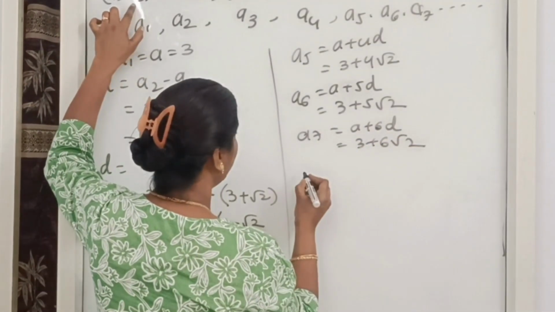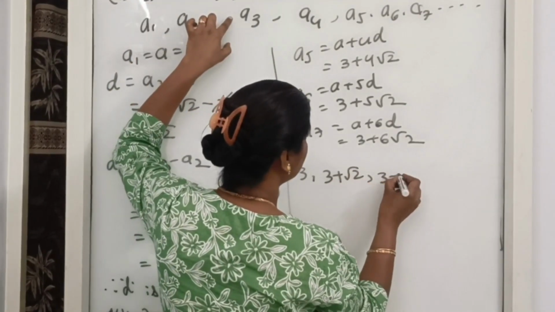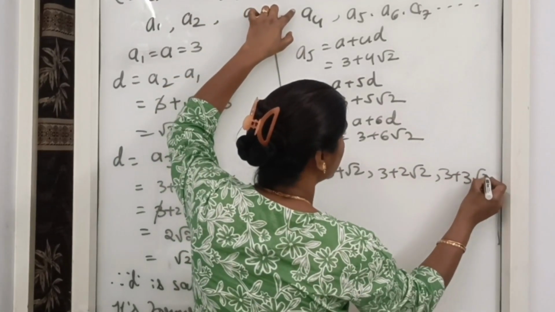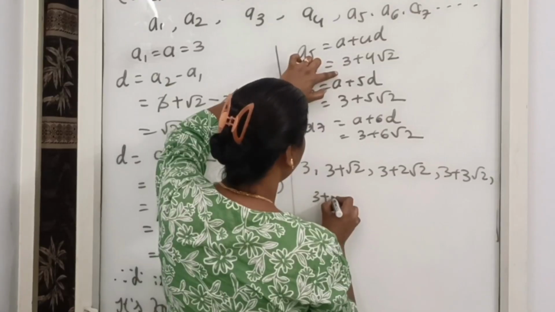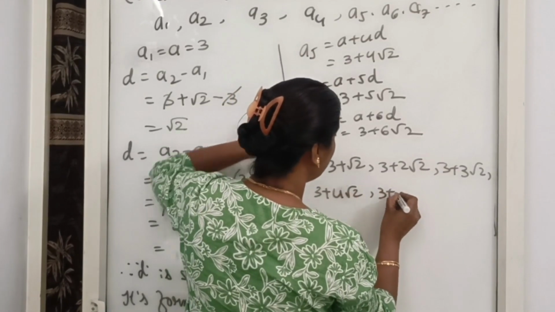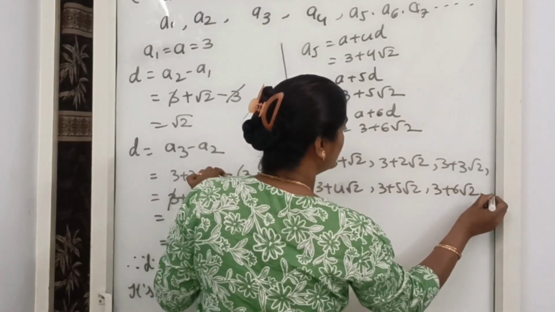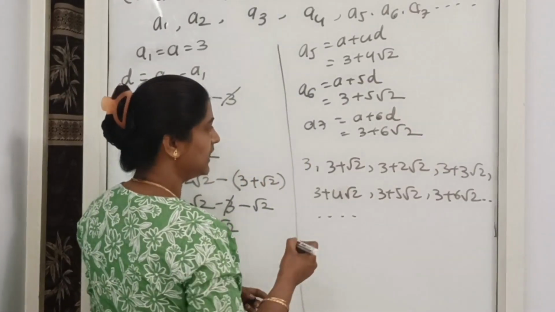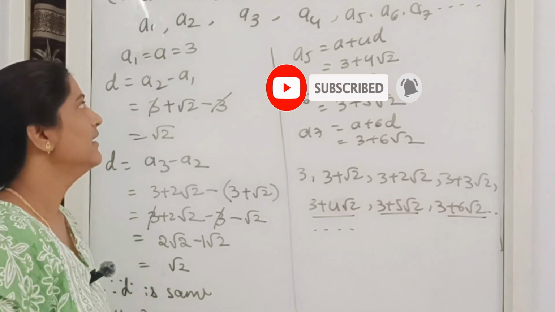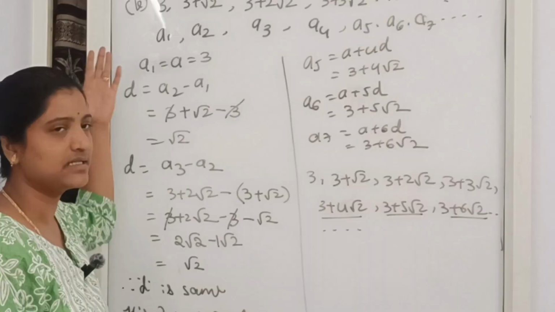Let us write our AP: 3, 3 plus square root of 2, 3 plus 2 square root of 2, 3 plus 3 square root of 2, 3 plus 4 square root of 2, 3 plus 5 square root of 2, 3 plus 6 square root of 2, continuation. The 3 terms we find out are these 3. Clear? I hope you are getting understanding, isn't it? Let us move to next 6th question.